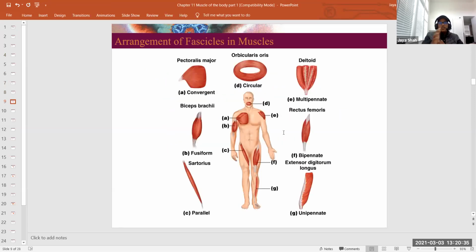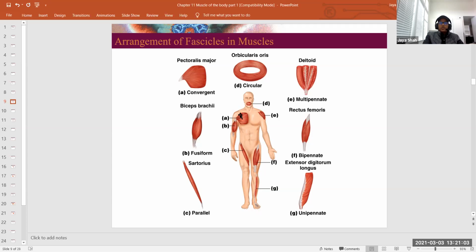You see this diagram of the body. Here we have A, B, C, D, E, F, and G. Some muscles have their fascicles arranged in a converged form, and that is called convergent, like the chest muscle, the pectoralis major.